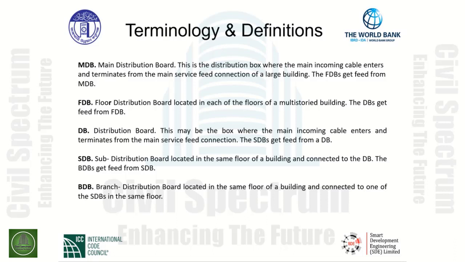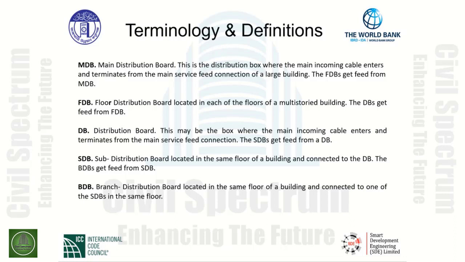DB is a distribution board. This may be the box where the main incoming cable enters and terminates from the main service feed connection. The SDBs get fed from a DB. An SDB is a sub-distribution board located in the same floor of a building and is connected to the DB.